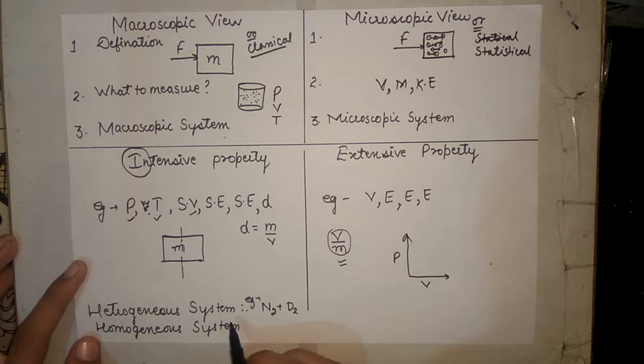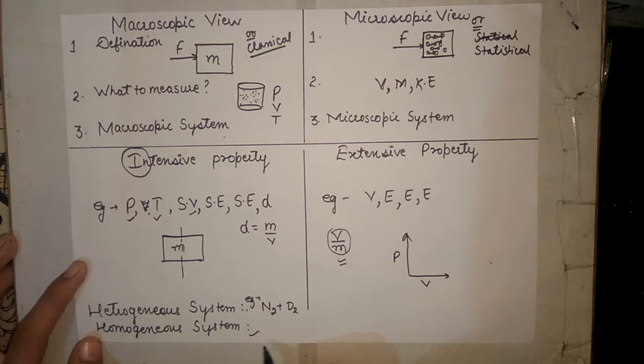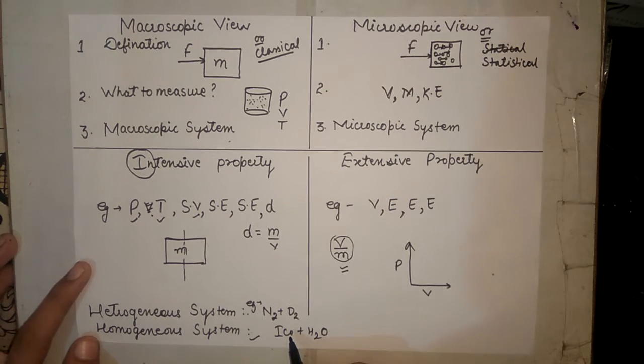So a system having one phase only will be a heterogeneous system, and a system consisting of more than one phase will be a homogeneous system. For example, ice plus water will be a homogeneous system, because there are more than one phase, liquid phase plus solid phase.